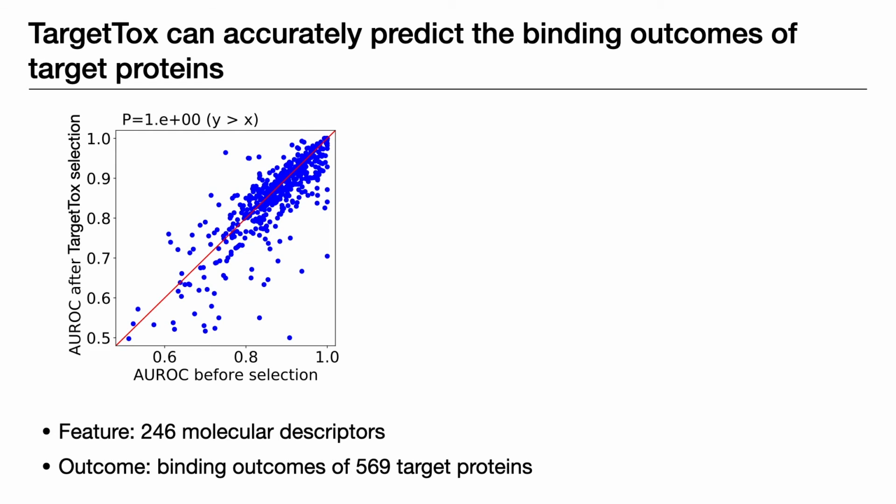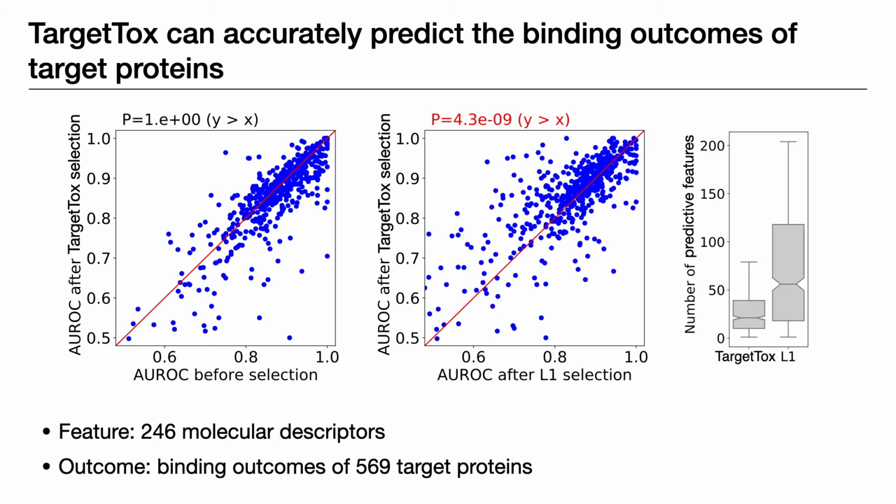descriptors for classification. We also compare TargetTox to a common selection method, L1 regularization. And as you can see here, TargetTox outperforms L1 by a large margin, with a much smaller set of predictive features, and that makes our model much easier to interpret.